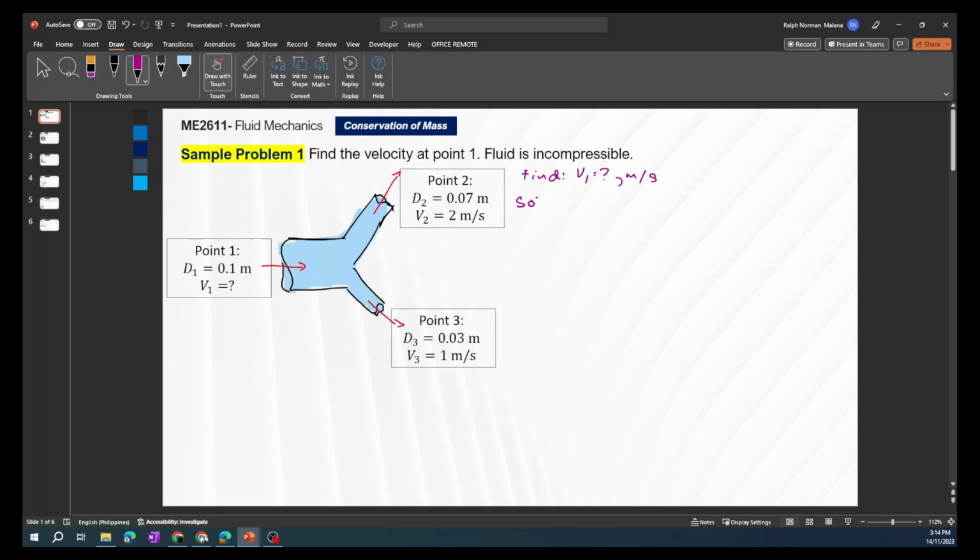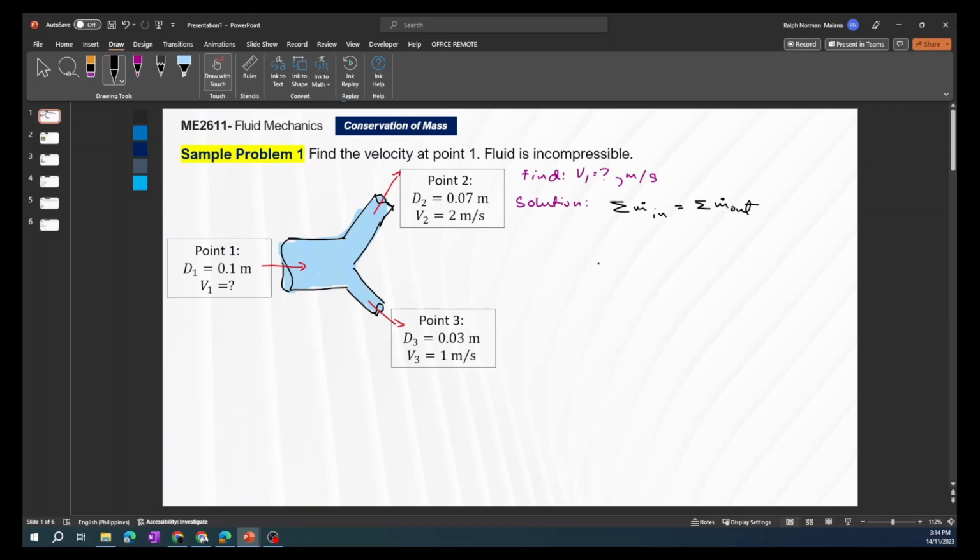Our solution here, if you would recall, the conservation of mass: there are multiple exit points and one inlet here. So all we have to do first is get the summation of mass flow rate in equals the mass flow rate out.